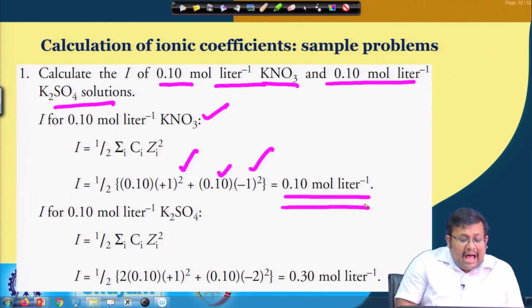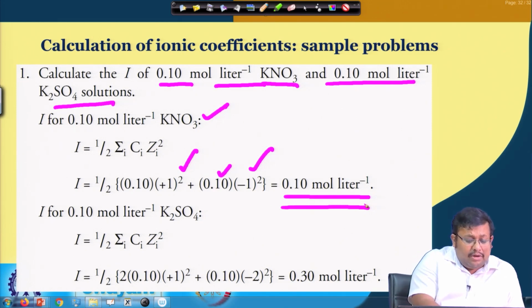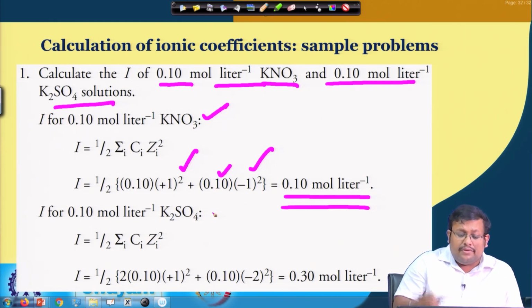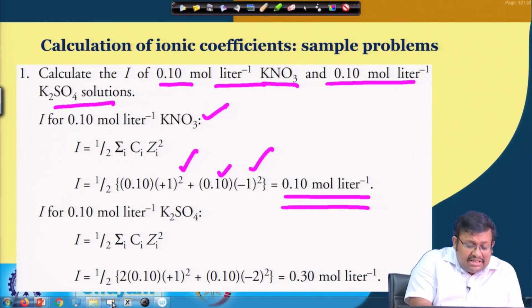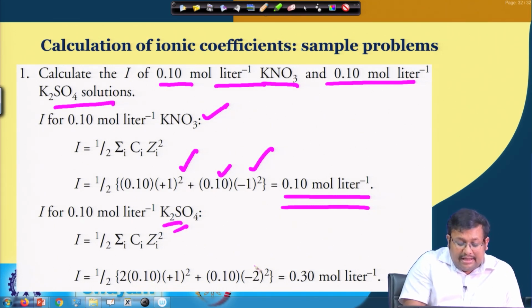And I for 0.10 mole per liter K2SO4, if you want to calculate it for K2SO4, obviously, then it will be 2 into 0.10 times plus 1 squared, because it is K2, and then SO4, we know that SO4 has the valency of minus 2.